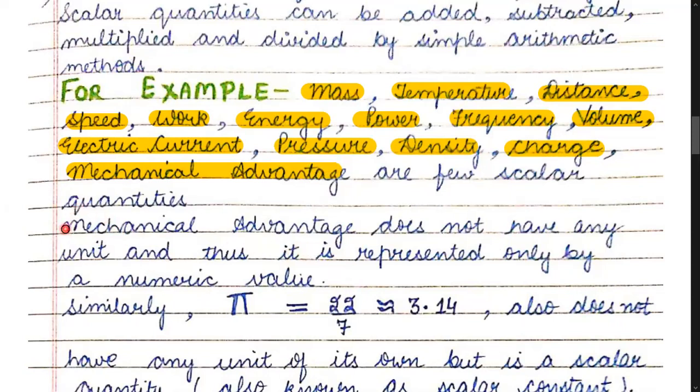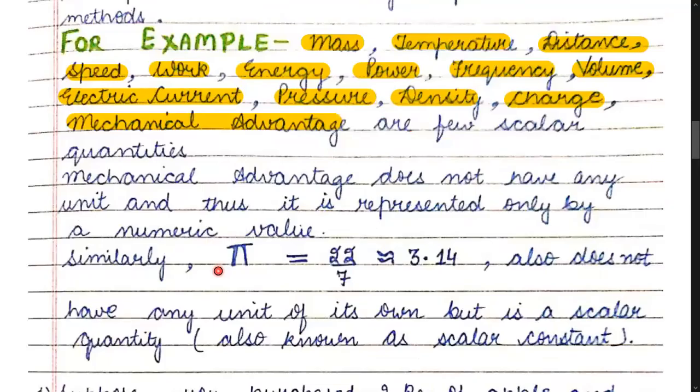Children, mechanical advantage does not have any unit, and thus it is represented only by a numeric value. Similarly, pi is a constant which is used in the area of a circle or the circumference of a circle.